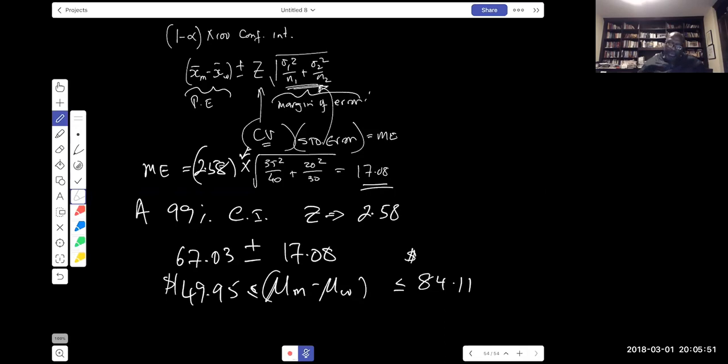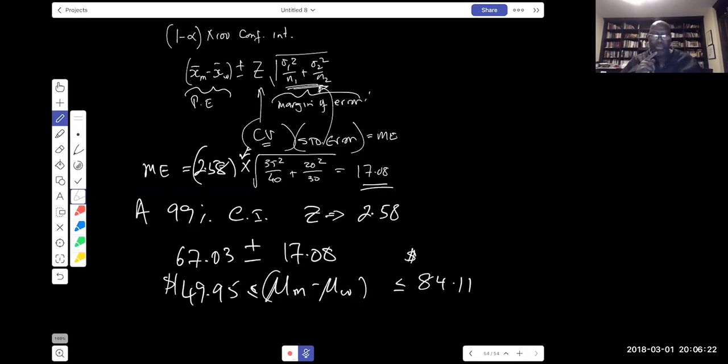And so therefore, we have evidence that men spend on average between $49.95 and $84.11 more than women on Valentine's Day. So that takes care of the difference between two population means when the standard deviations are known.